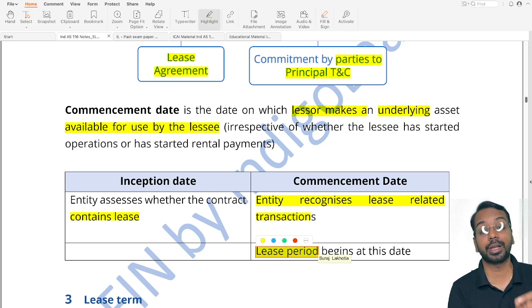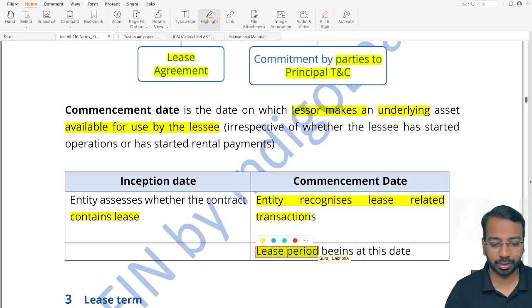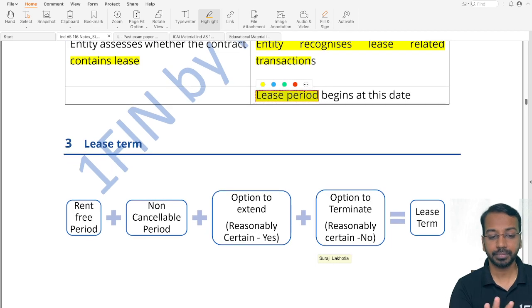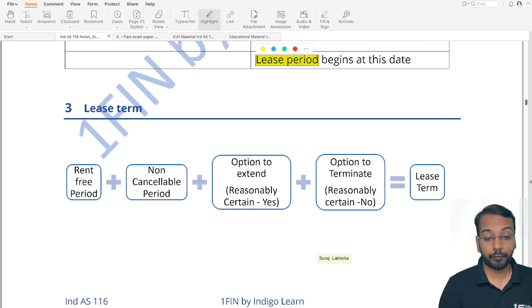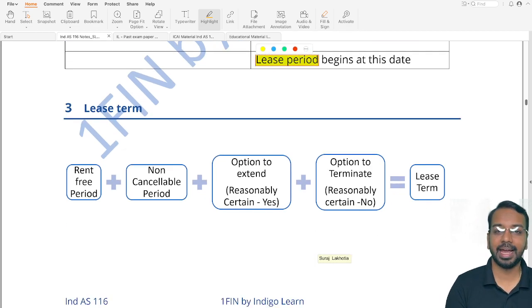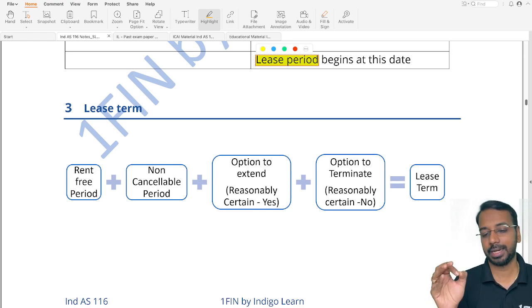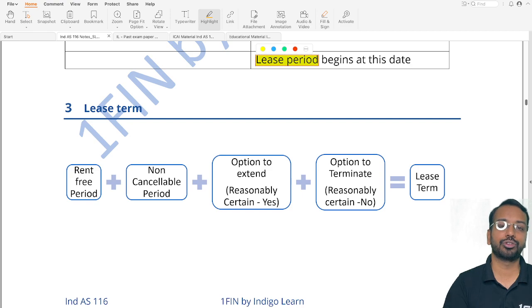The lease term also becomes very, very important, and that is what we'll be understanding next. Now here, the first three are easy and straightforward. The last one is where students have a lot of doubt. So please pay 101% attention. After this, you should not have any confusion on lease term.